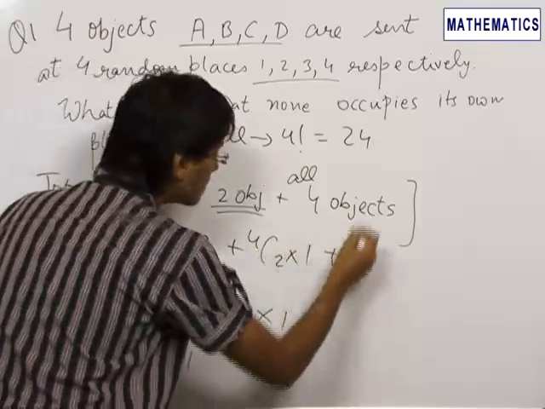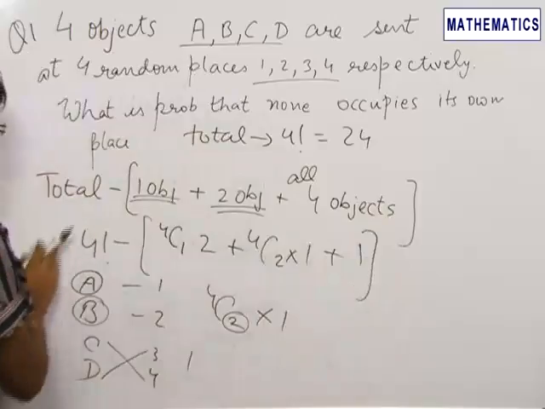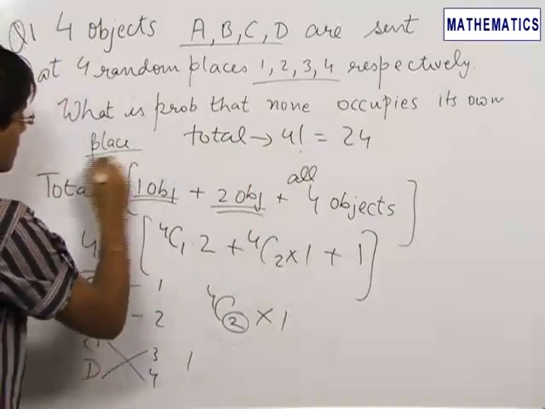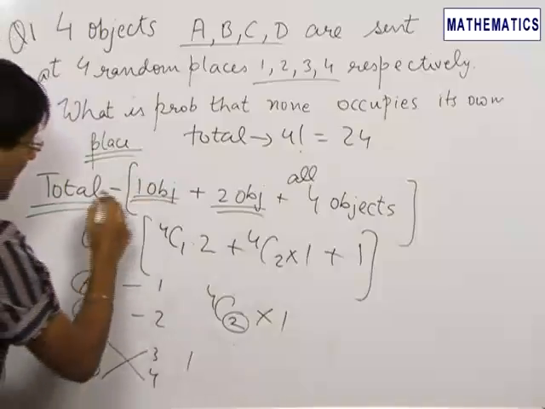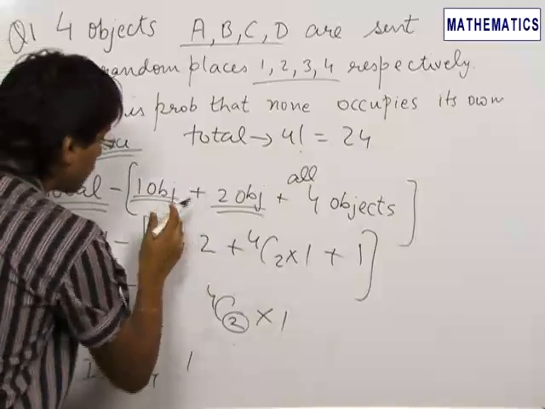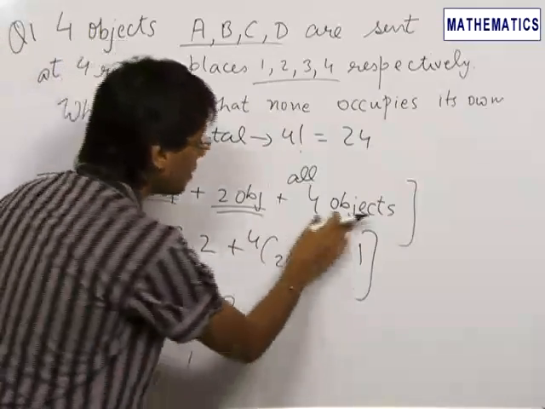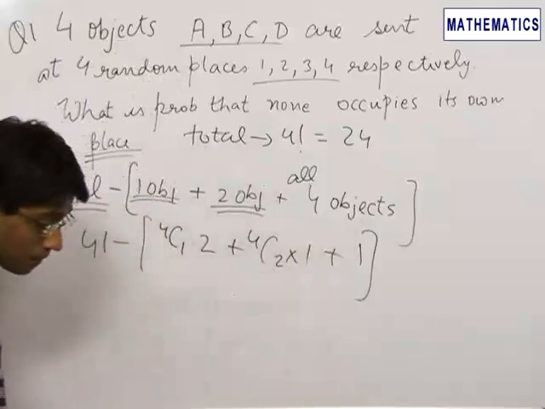And if all the objects are occupying the respective places, there is only one way. So this is the total number of ways in which none of the objects occupies its own place. What we have done is we have found out the total number of ways in which the objects can be placed and subtracted those cases in which one object is occupying its respective place, 2 objects are occupying the respective places, and all the 4 objects occupying the respective places.